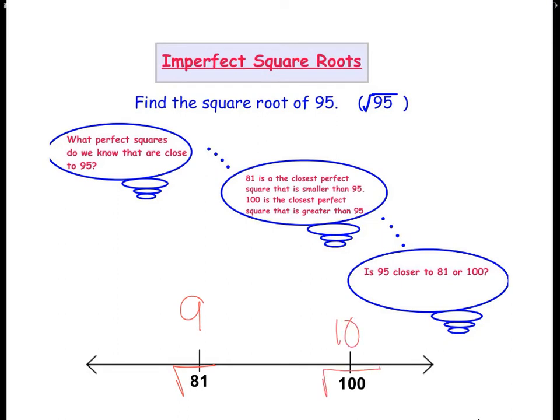And so if I think about a number line, 95 would fall somewhere between 81 and 100. It would fall closer to 100 than it would to 81. And so I might estimate and say, okay, the square root of 95 is about 10. It's not exactly 10, so notice I didn't use the equal sign, but I said it's about 10.